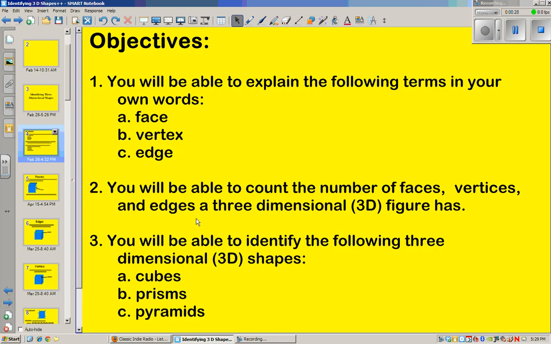Number two, you will be able to count the number of faces, vertices, that's the plural of vertex, and edges a three-dimensional figure has, and you will be able to identify the following three-dimensional or 3D shapes: cubes, prisms, and pyramids. And there are different kinds of these, so we'll be talking more about that later.